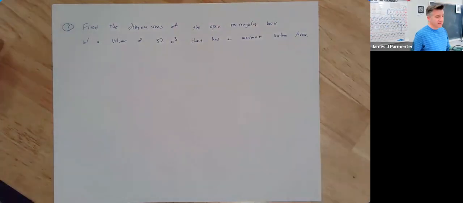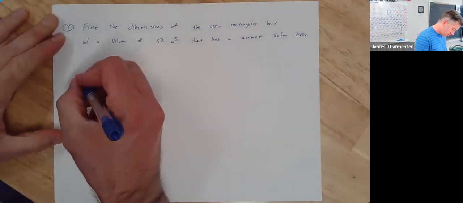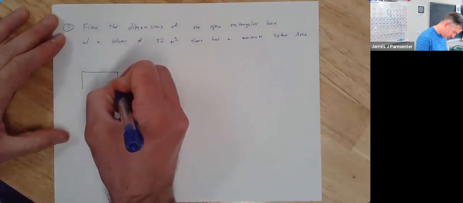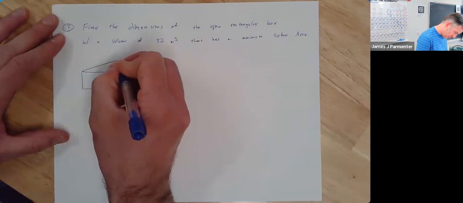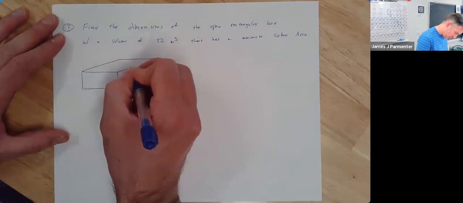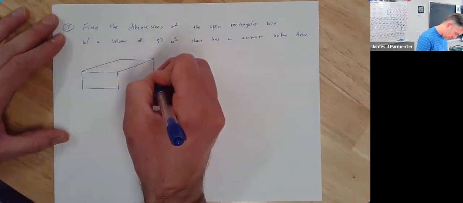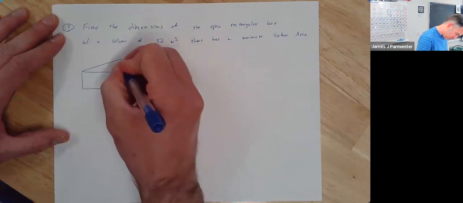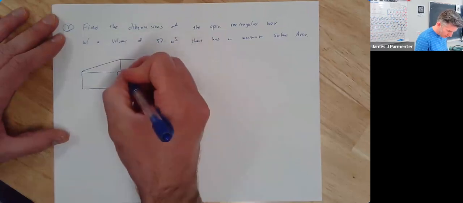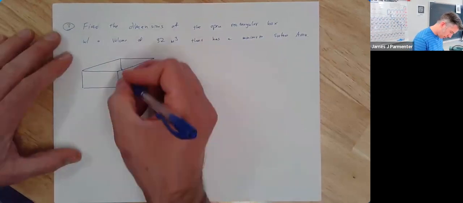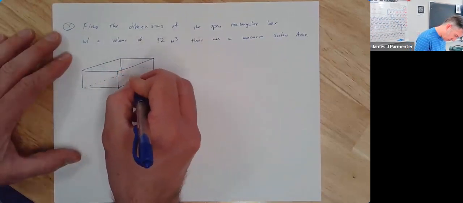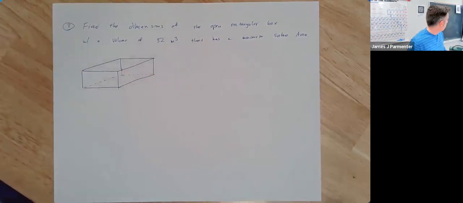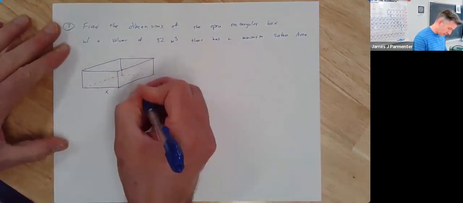And although it's not absolutely required, I usually recommend drawing a picture. There's my open top box. It doesn't have a top. Cool. And label the sides, typically X, Y, Z.